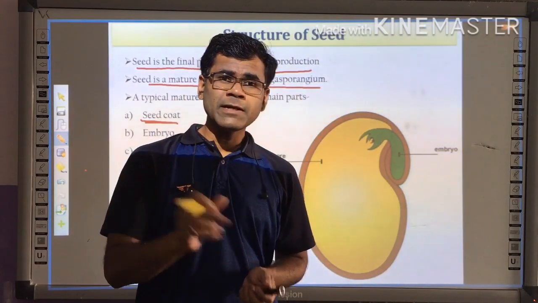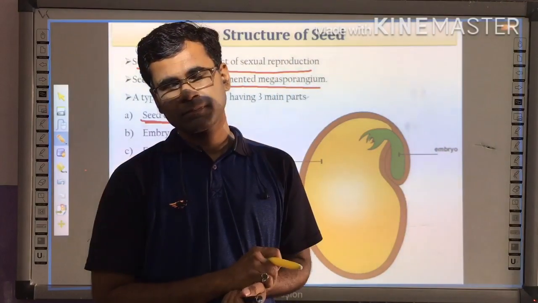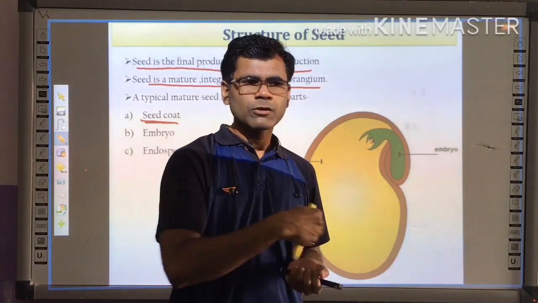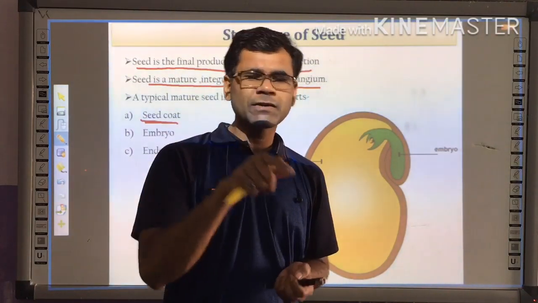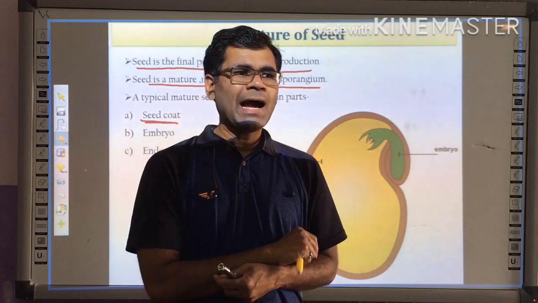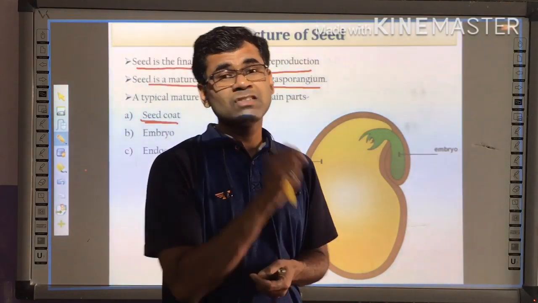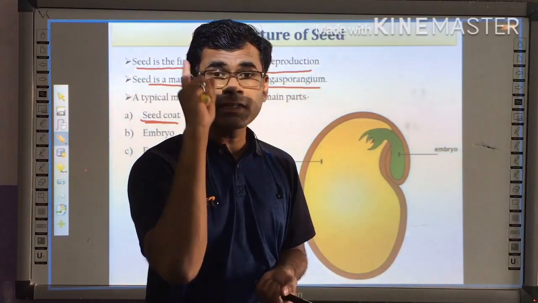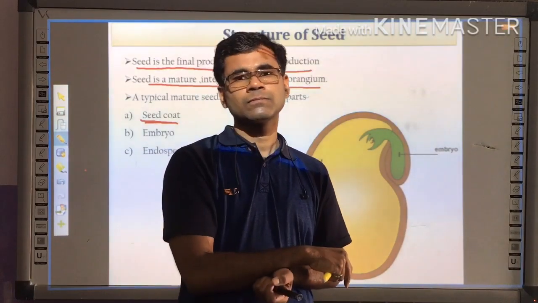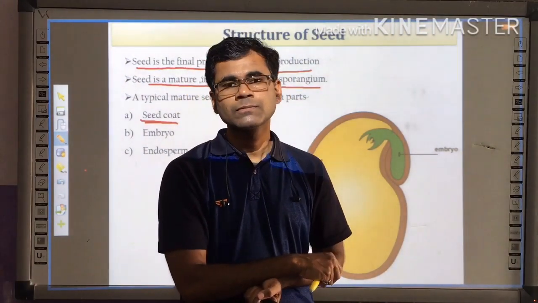It plays a very important role in maintaining the viability of a seed. In today's topic, we will also see the significance of the seed. You will be surprised to know that a seed can maintain its viability up to 1000 years.